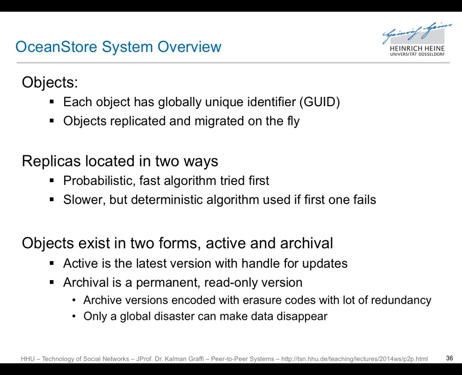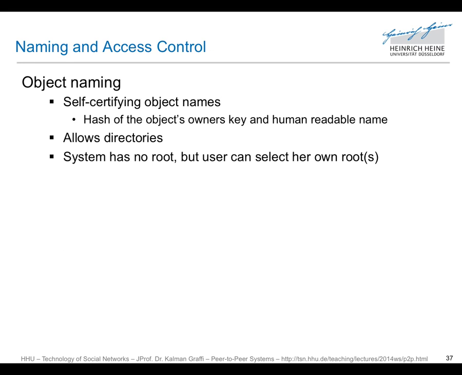And for the active data, there's another approach for how to store it and how to deal with changes. So that's what we will have a look at. First of all, also here we have self-certifying object names. So it has different information coded inside: first of all, who's the owner, also a human readable name, and also a hash of the object. The object naming also allows to have directories and a more general usage.